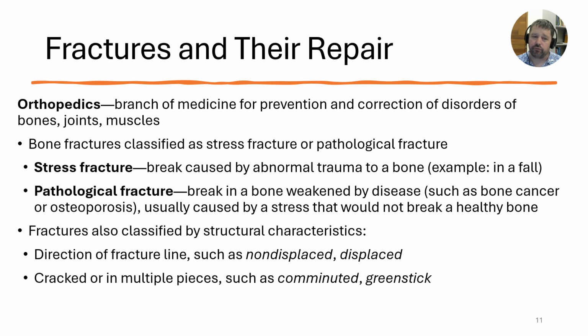And so the fracture line: is it non-displaced or is it displaced? I'll show you a picture of these two in a second. Or how's it cracked? Is it just cracked or is it broken in multiple pieces? So is it comminuted or is it a green stick fracture?